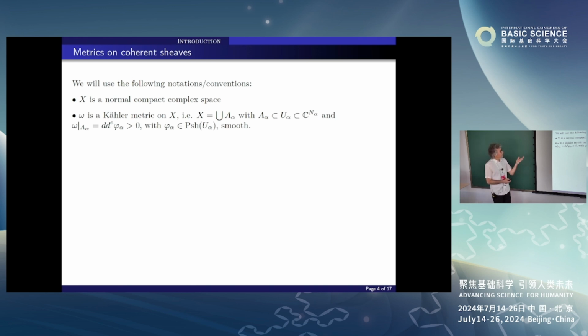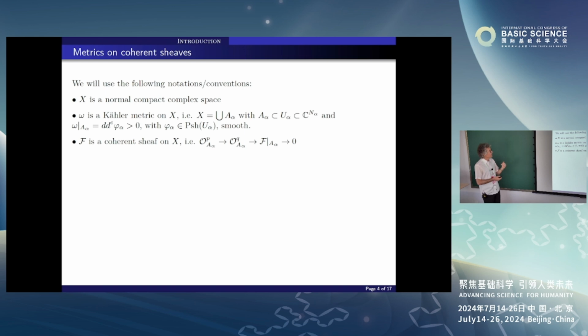We have X as a union of trivializing open subsets, so that A alpha is some analytic space in Cn. And then by definition, omega is written locally as DDC of some smooth and strictly subharmonic function, which comes from the ambient space. So omega in this talk will always have local potentials coming from the local embedding.